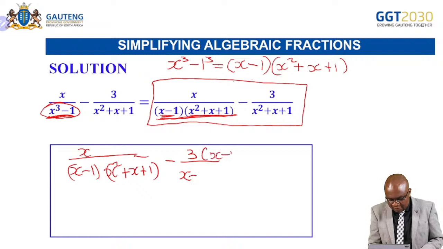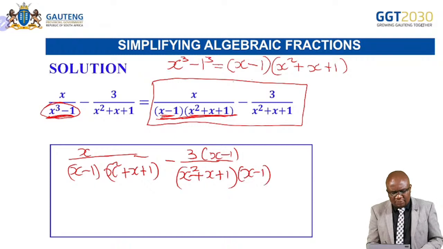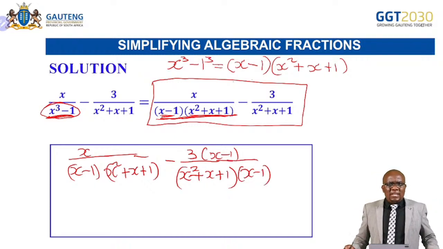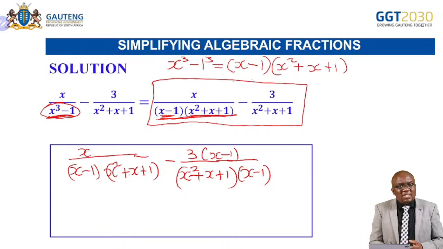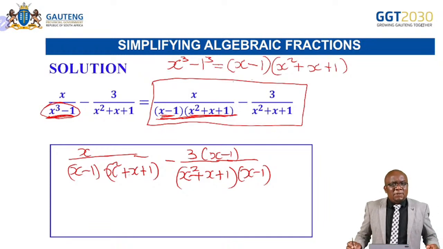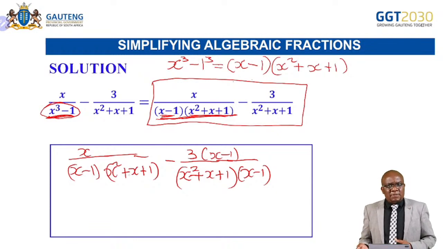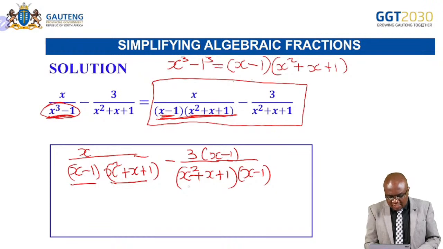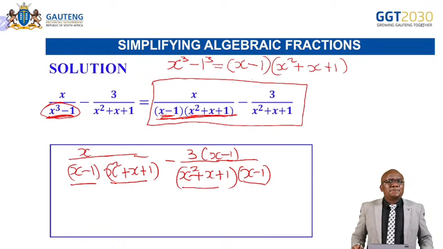Let me put this x squared here so that people do not get confused. And then I multiply by x minus 1. Remember that. Now the denominators are the same. The arrangement here does not matter. Remember, multiplication is commutative. A times B is just the same as B times A. So this bracket times this bracket is just the same as this bracket times this bracket.